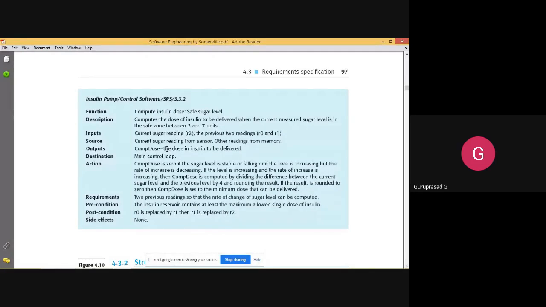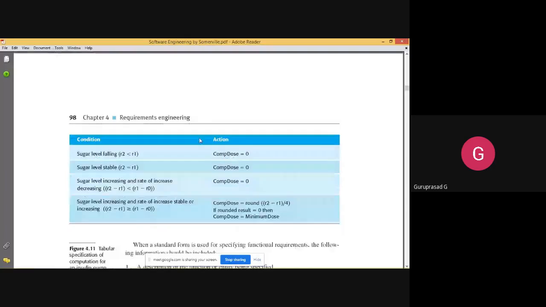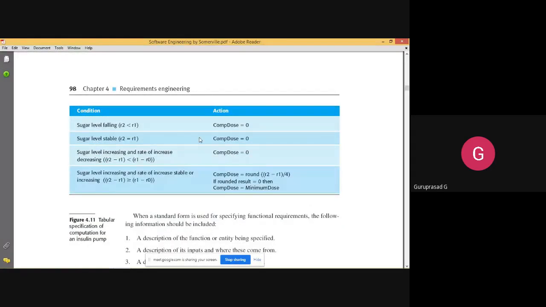Please remember this. So, natural language specification. The next one is structured natural language. When I say structured natural language, this also makes use of the English language only, but the only difference is that it is more structured. And the third one, which I already showed you, is the tabular specification.